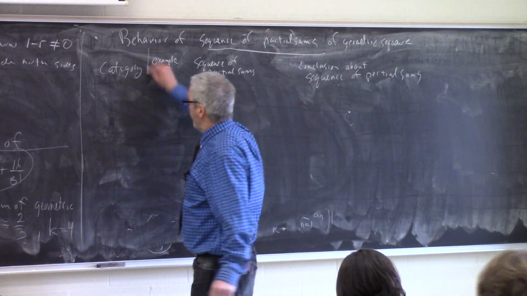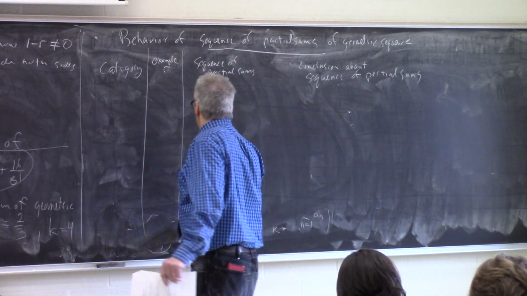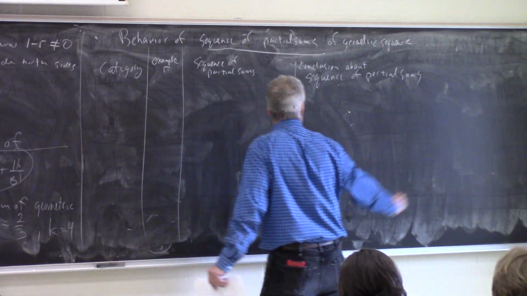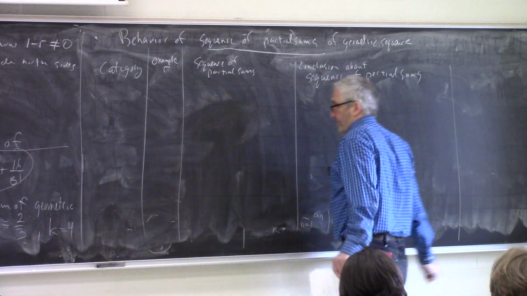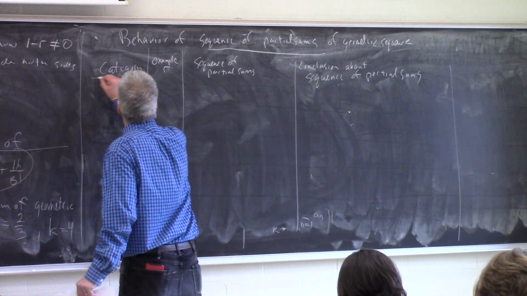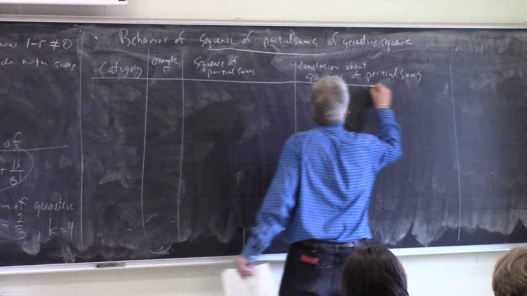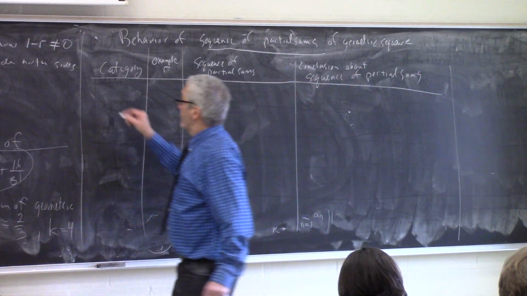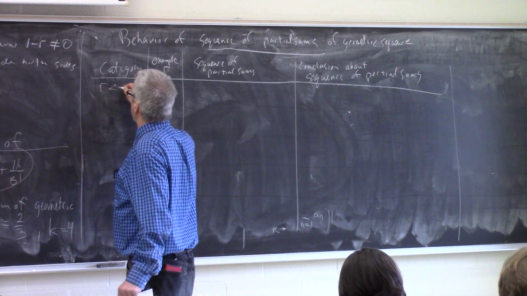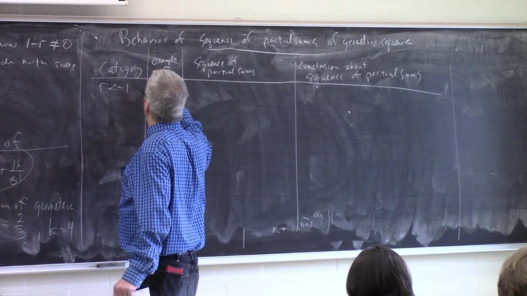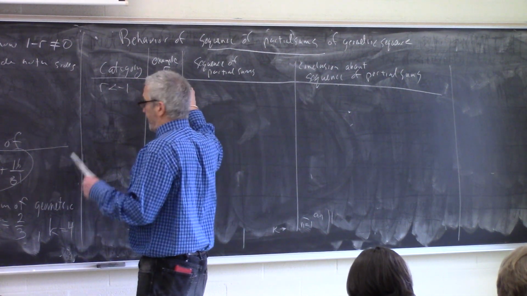So I have those same 5 categories. So the first category was r is less than -1. So an example was r equals -2.